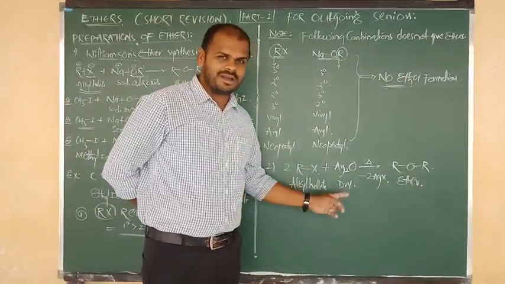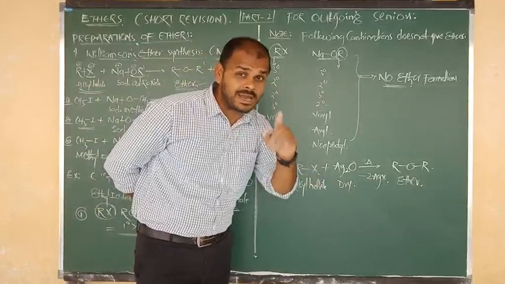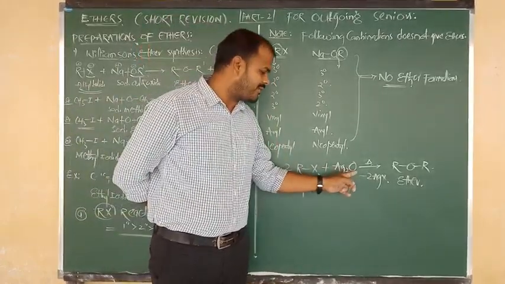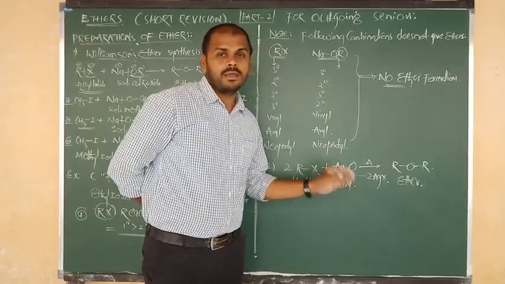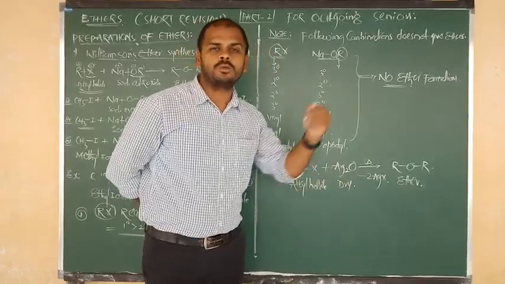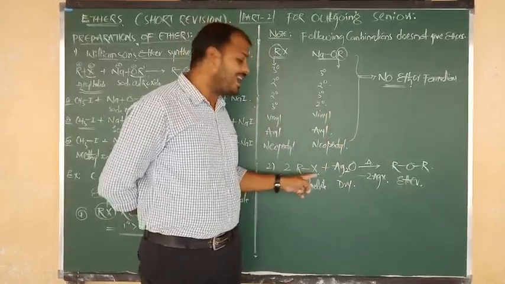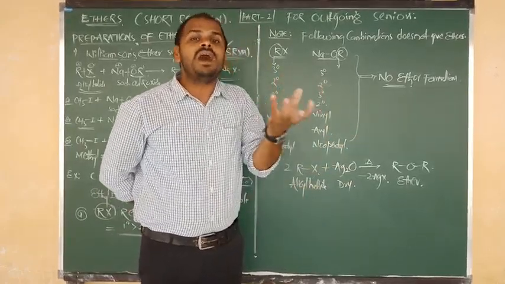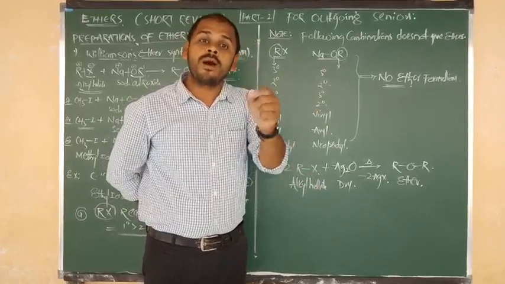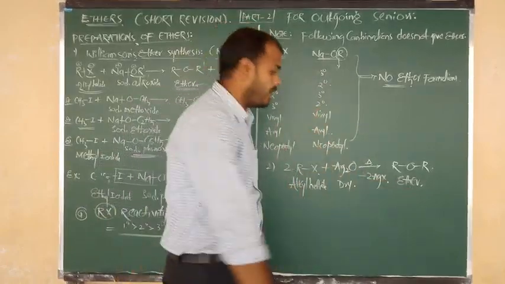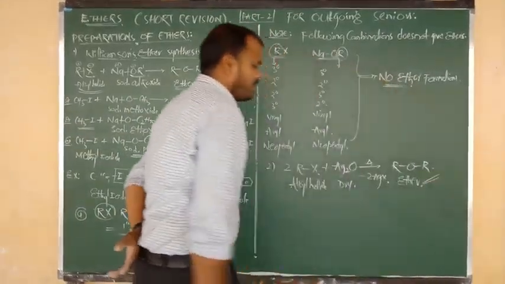Alkyl halides on reaction with dry silver oxide give ether. Try to remember carefully, very important, because in the case of Ag2O, if in place of dry you write moist, the product changes, as you know very well. Alkyl halides on reaction with moist silver oxide form alcohol, but dry silver oxide gives ether. Try to remember, very important.